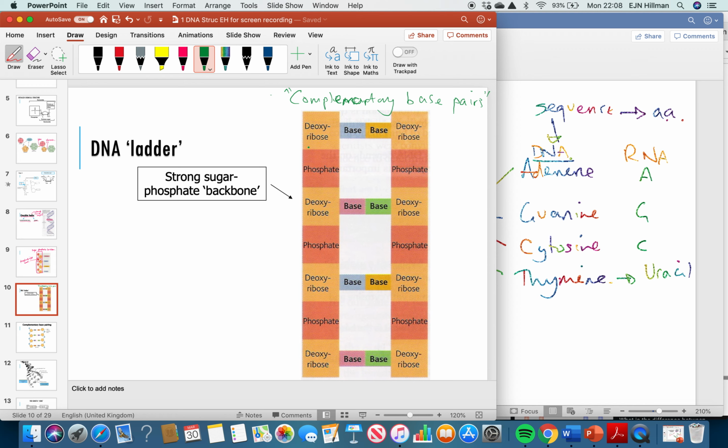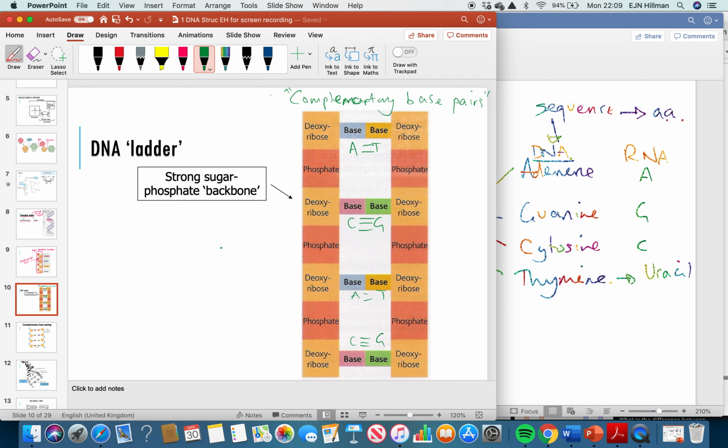The complementary base pairs in DNA form between adenine and thymine, and 2 hydrogen bonds form between those, and cytosine and guanine, and 3 hydrogen bonds form between those. Then we've got another adenine, thymine, 2 hydrogen bonds, another cytosine, guanine, 3 hydrogen bonds.